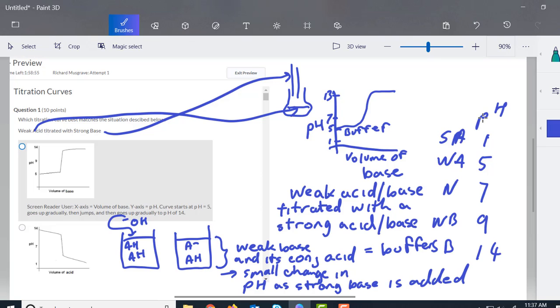And that is going to result in a fairly flattish region here, because the pH isn't going to change much, at least for a little while, until the acid gets completely neutralized. Then you'll see this big jump, and then it'll go up to the pH of the strong base that you're adding. So in this case, this would be the diagram that I would be looking for. One that starts at 5, ends at 13, and has a buffer region down here on the flat part of the curve that we're seeing at the beginning.